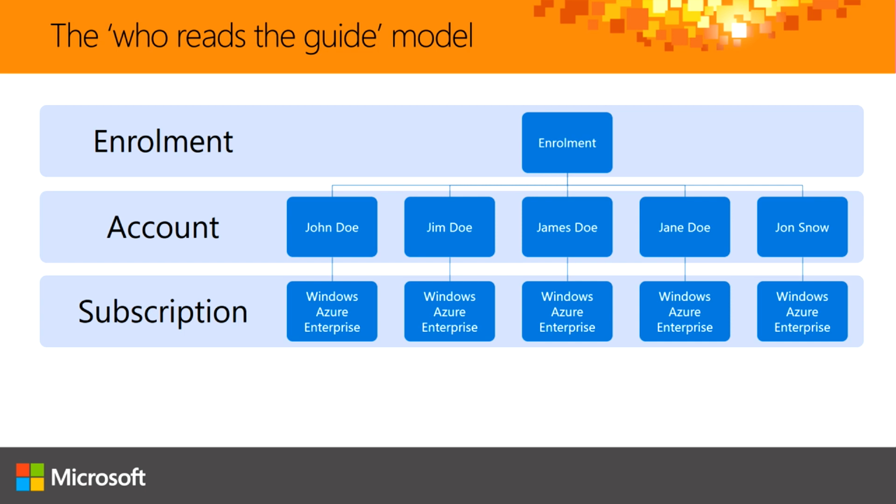And then what happens is they follow the email links and they go and set up separate Windows Azure Enterprise named subscriptions. So there's nothing wrong with using accounts on an individual basis if that suits your organisation, but you probably want to rename those subscriptions to something logical and succinct.